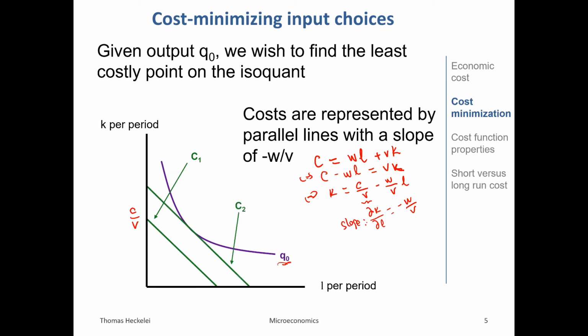Because it's a linear equation, the slope remains unchanged when you move to a higher level of cost. So the further you move from the origin, the more you shift toward the right-hand side, cost will increase.